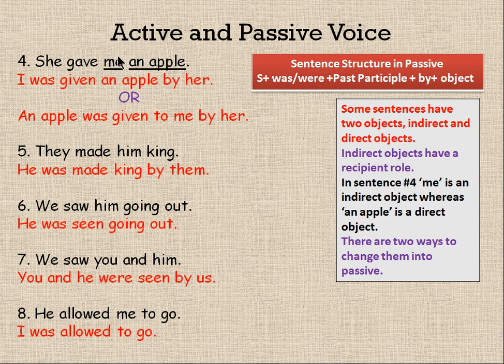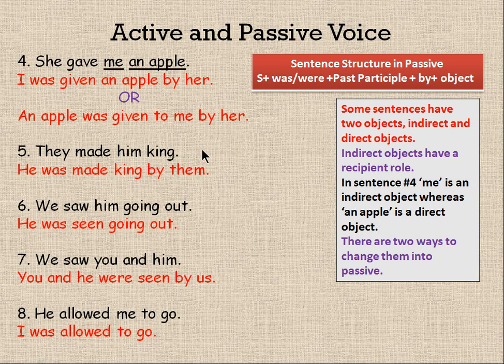Indirect objects have recipient role. They receive something. For example, this is the person who gets the apple. She gave me an apple. So there are two ways that you can convert it into passive form. Either you say, I was given an apple by her, or you say an apple was given to me by her.